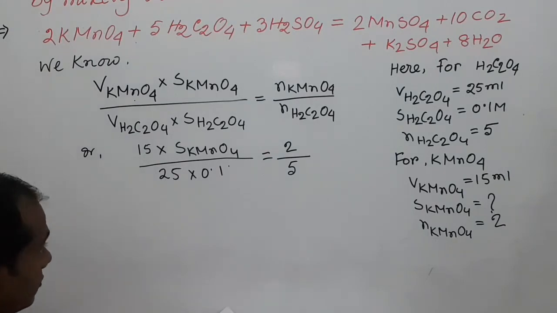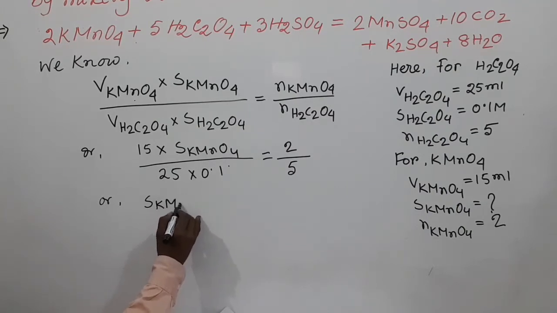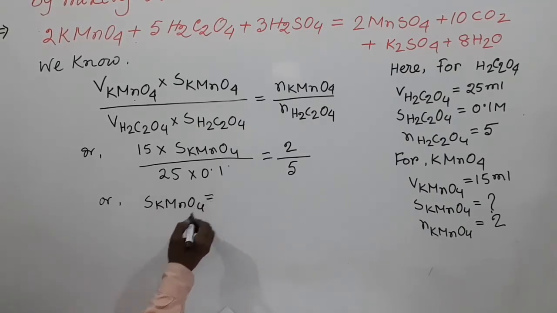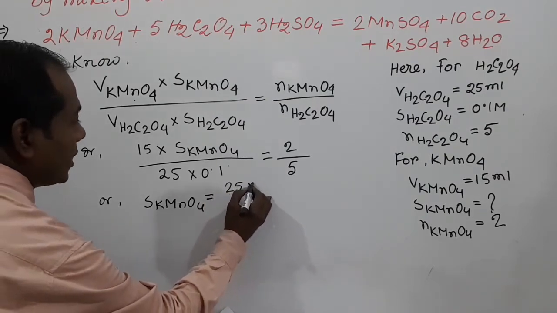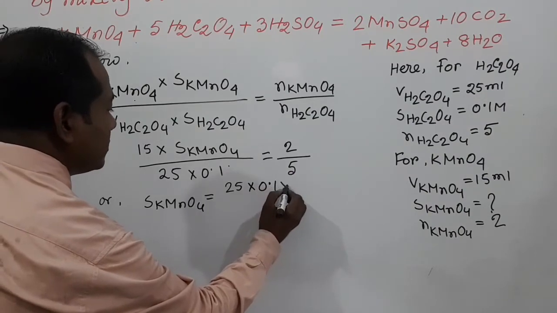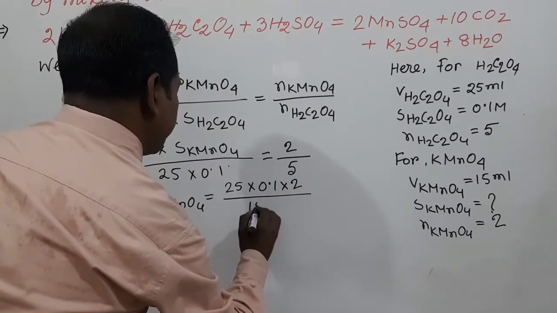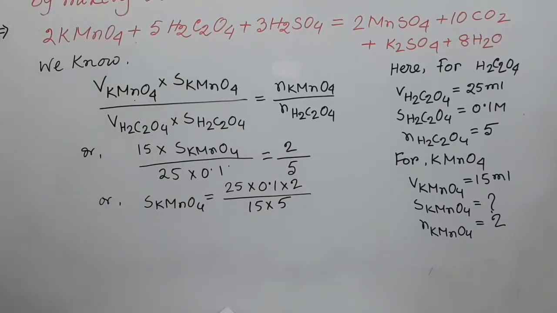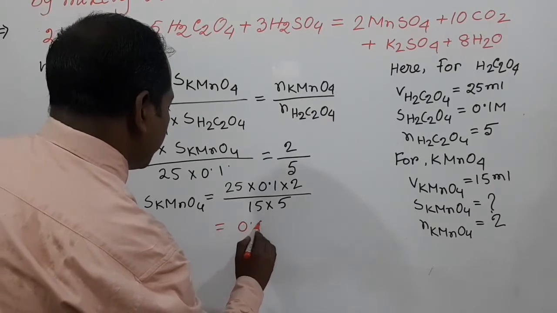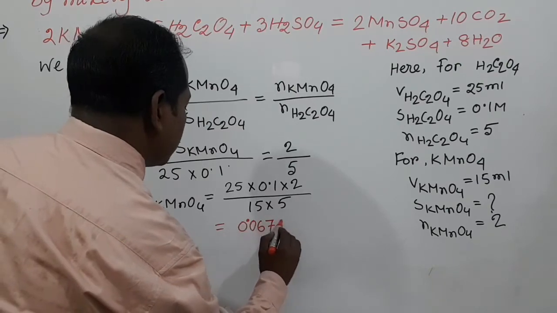So, concentration of potassium permanganate equals 25 into 0.1 into 2 divided by 15 into 5, and the answer is 0.067 molar.